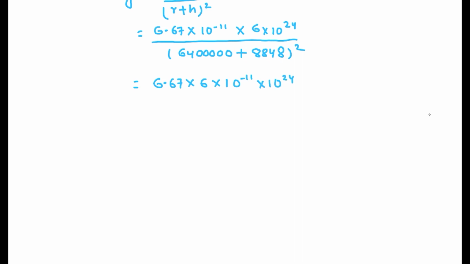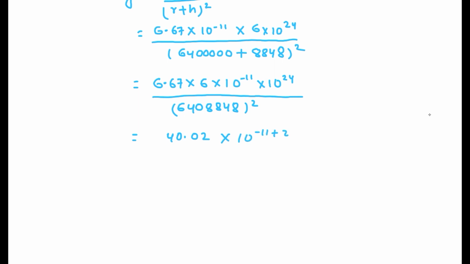First of all add this term, then it becomes 6408848 whole square. So when we multiply 6.67 into 6, then the required value is 40.02 into, here base is same, 10 power minus 11, 10 power 24, base is same, so power should be added.